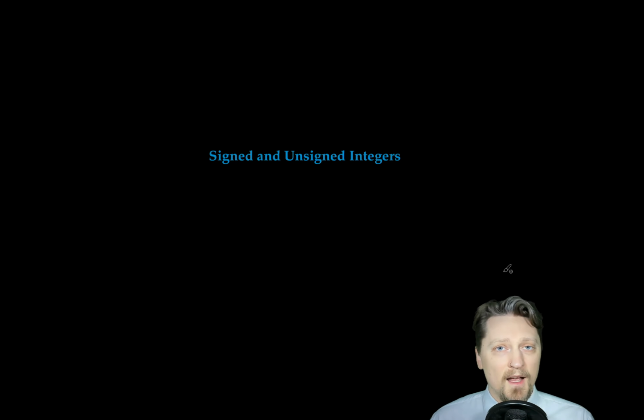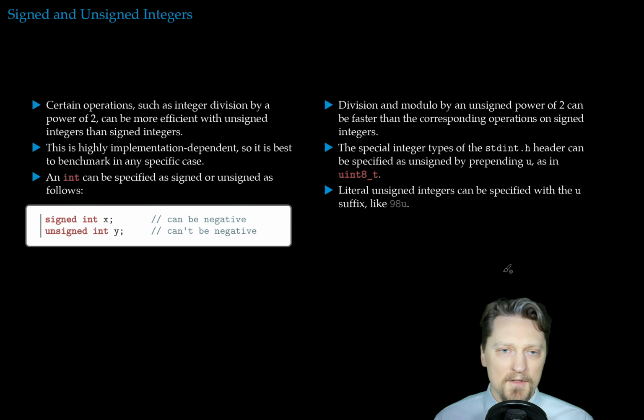Signed and unsigned integers. Certain operations, such as integer division by a power of 2, can be more efficient with unsigned integers than signed integers. This is highly implementation dependent, so it is best to benchmark in any specific case. An int can be specified as signed or unsigned as follows: signed int x or unsigned int y.